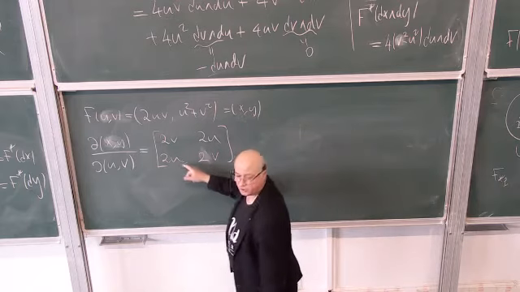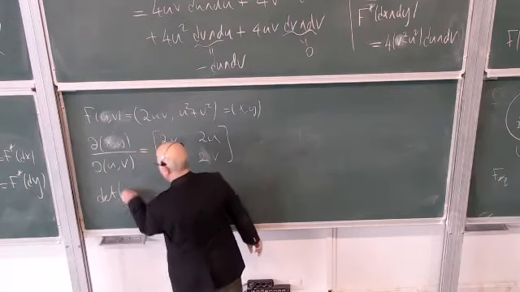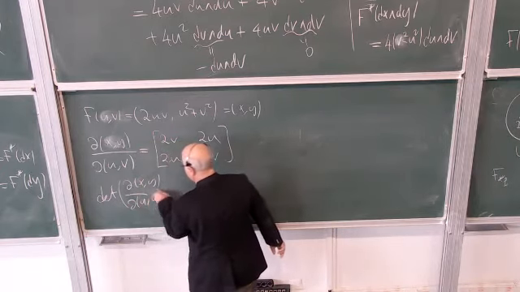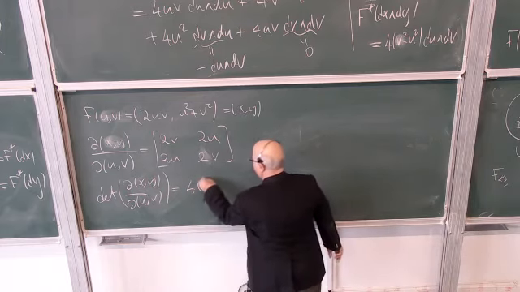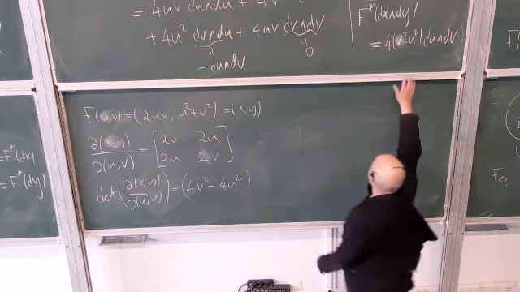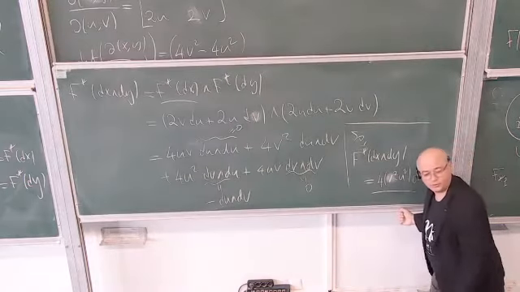And you take the determinant of this. So the determinant of this is just 4v squared minus 4u squared. Exactly this expression, okay?